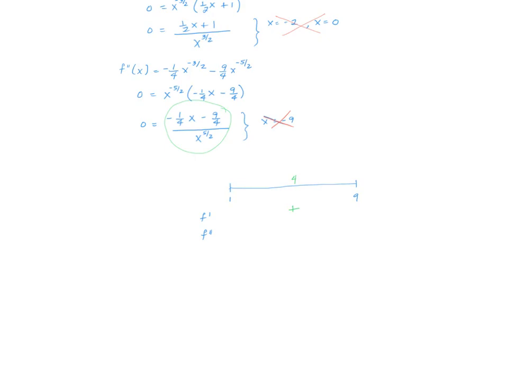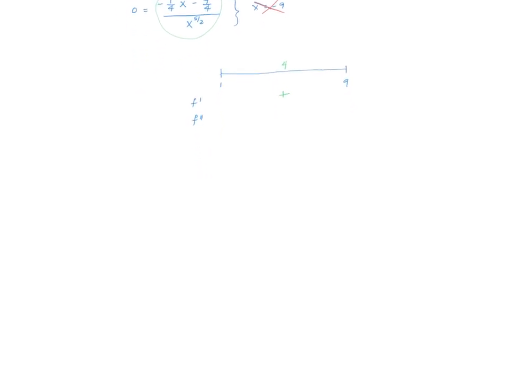So if I look at my second derivative and I put in a positive 4, I'm going to have a negative over a positive. So my second derivative will be negative. Okay, so on the interval from 1 to 9, my function is going to be increasing concave down. It's going to look like this.